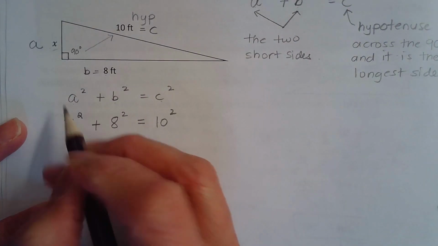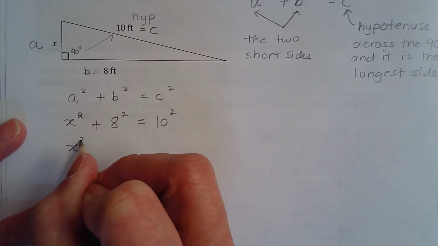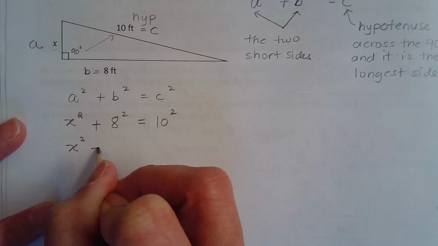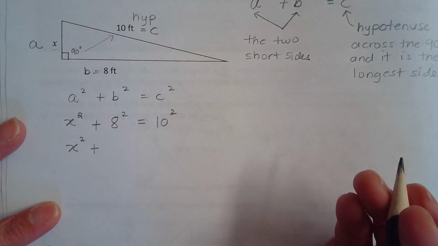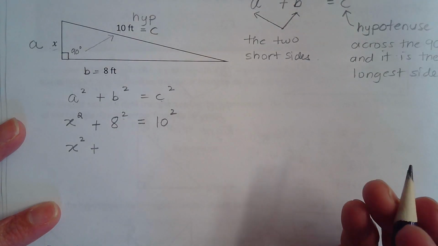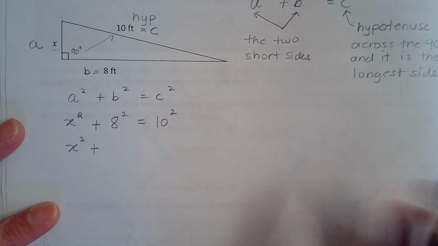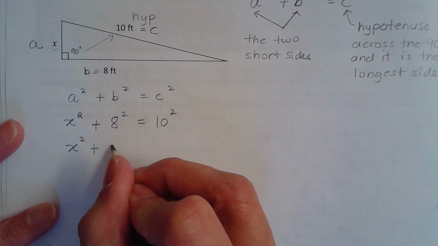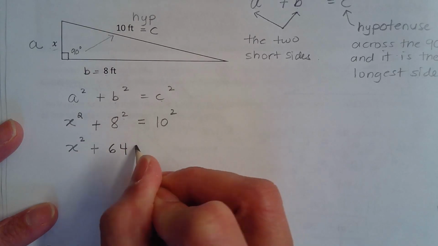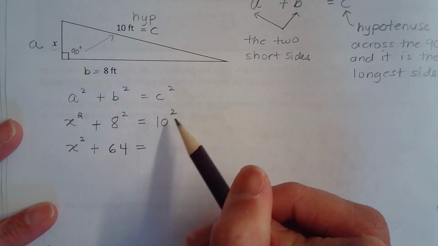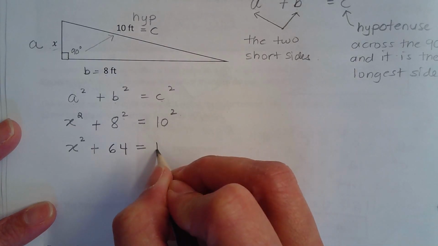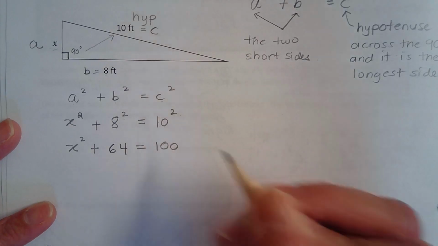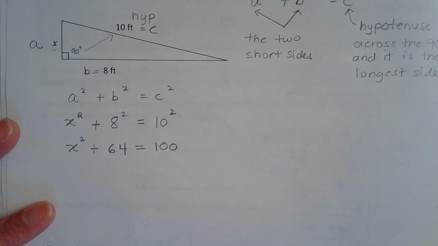So x squared, we can't figure that out right now, so we'll just put x squared plus 8 squared. What does 8 squared equal? 8 squared is 8 times 8, which is 64, equals 10 squared. 10 squared is 100.